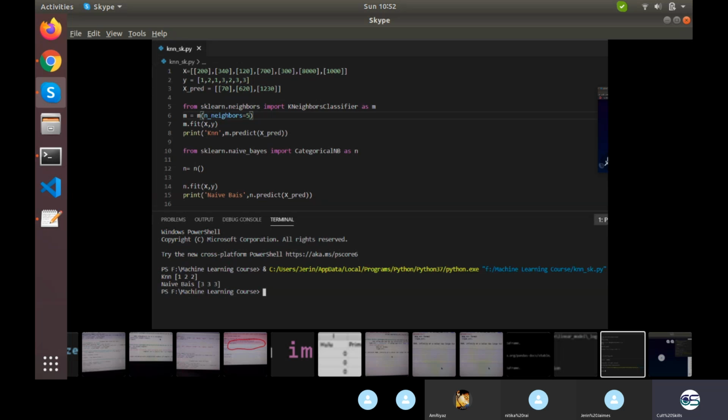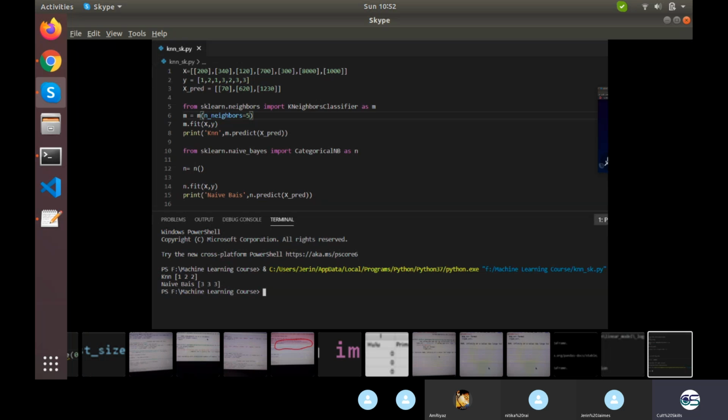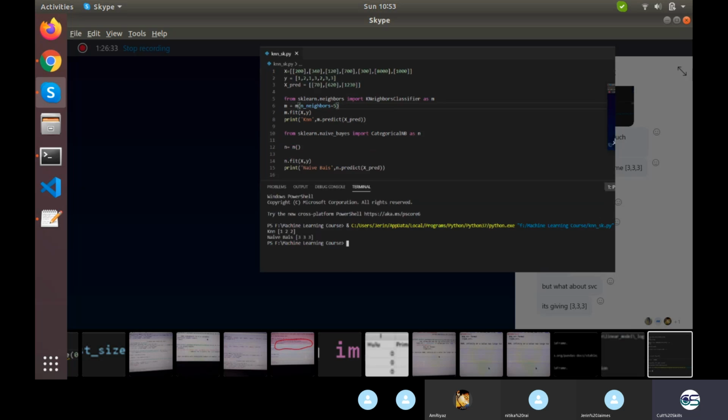So again it is over-tending towards the third class because you had given a lot of range to that. You have shown in your data that the majority of your data from 1000, even from 700 to 8000, this big chunk of your data, is part of class 3, whereas 200, 300, 200 and 120 are part of class 1 and 340 is class 2. So this is something you have displayed with your data. You just put it on scaling, that will give you a better result.